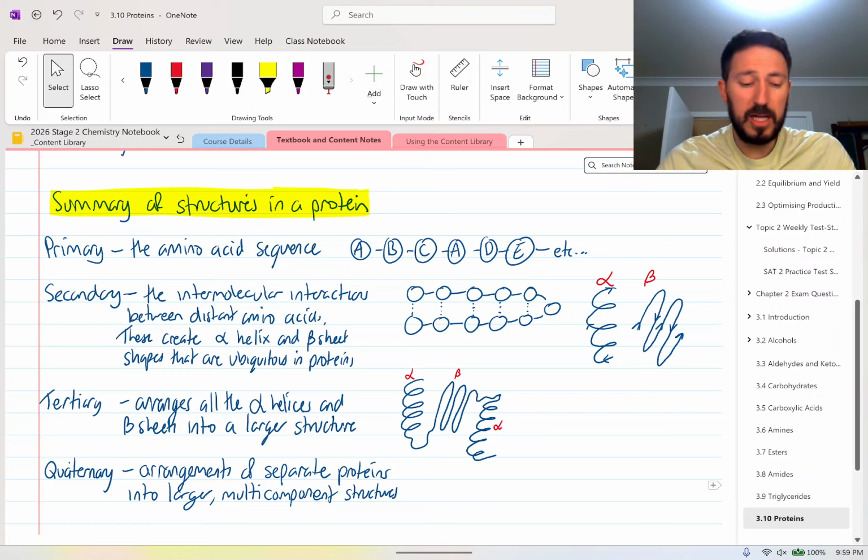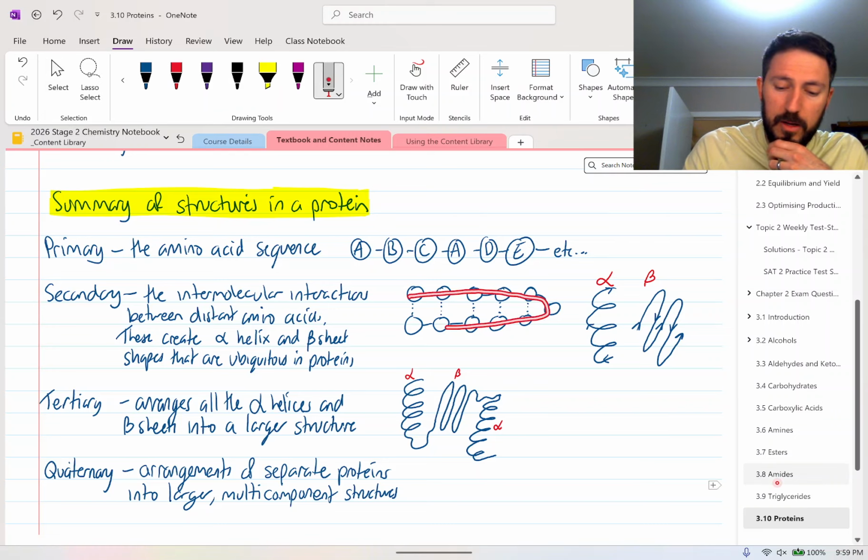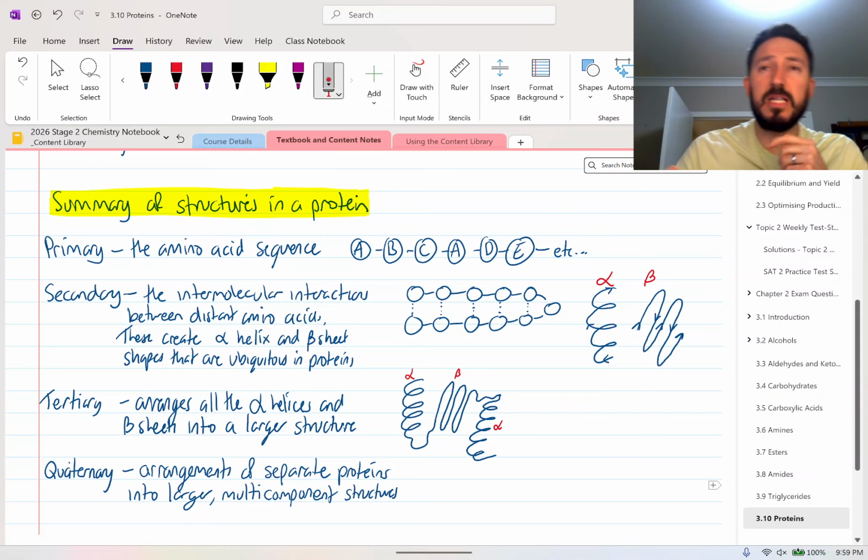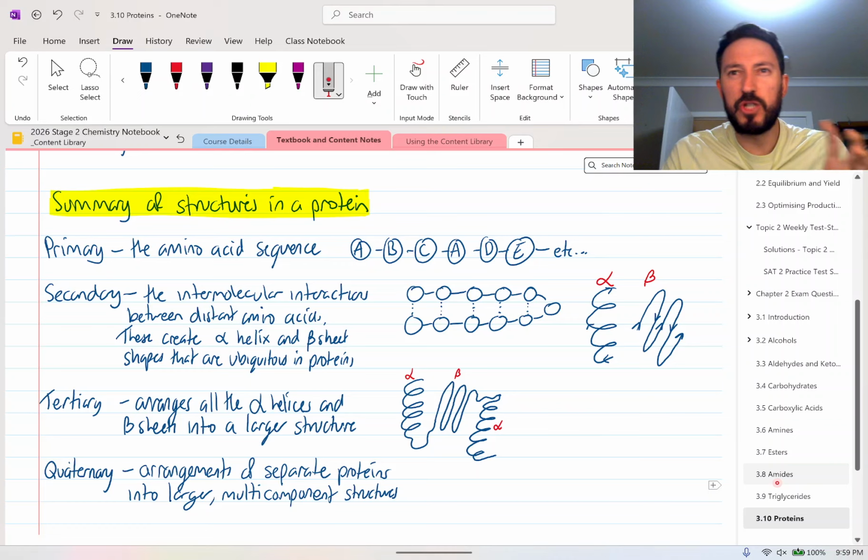Now, the secondary structure is the intermolecular interactions that happen between distant parts of the amino acid chain. If you have a chain folding over, you can have some intermolecular interactions happen between them. Those interactions can form certain shapes.